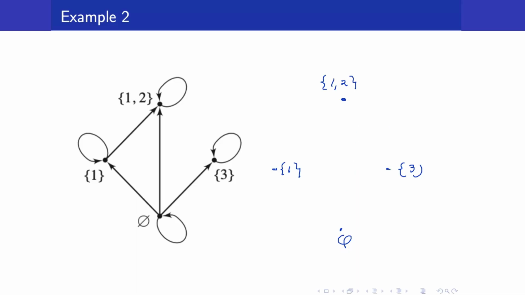We will still copy all loops, and we will just invert the edges. I will draw the arrows here. So here this is going that way, so it will be this way. This will now go to this one, and this one will go to this one.